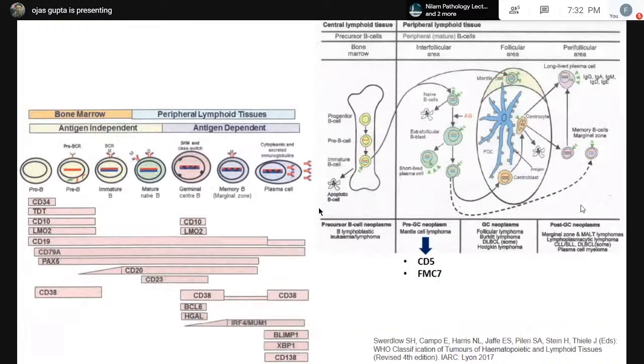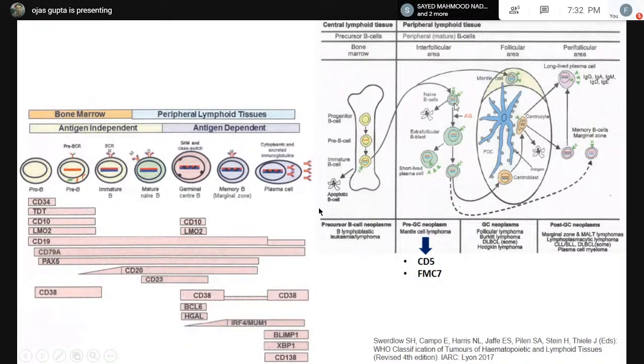Because B and T cell lymphomas recapitulate their morphogenesis, we'll start with the morphogenesis of B cells. The precursor B cells mature in the bone marrow. They undergo apoptosis or develop into mature naive B cells.